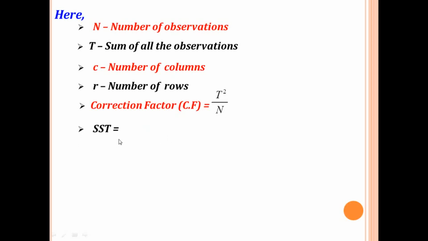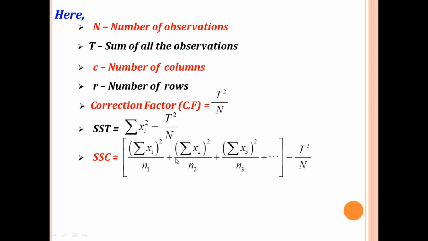Next SST, whatever we studied in ANOVA test 1, same formula here: SST equals sum of xi square minus T square by n. Next we find the sum of squares between columns, same formula: sum of x1 whole square by n1 plus sum of x2 whole square by n2 plus etc., minus T square by n. This is nothing but adding all sample values column wise, divided by the sample size n1.